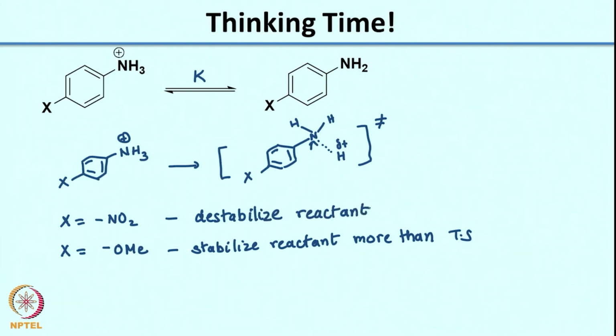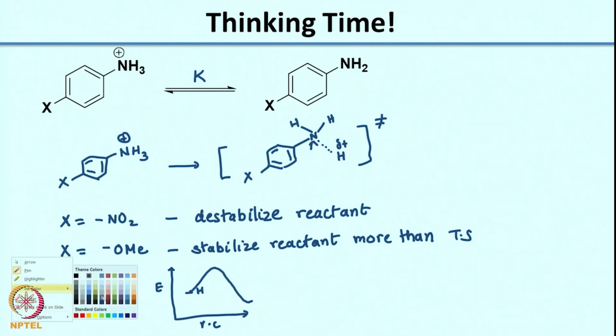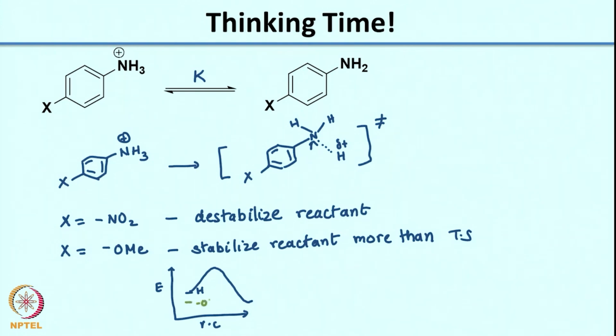As I told you last time, if you now think of the reaction coordinate diagram, where you look at E versus reaction coordinate, in the case of an electron releasing group, if this is H and this is your reaction profile diagram, let us say X is OMe, it would stabilize your reactant, but it would not stabilize the transition state to the same level.